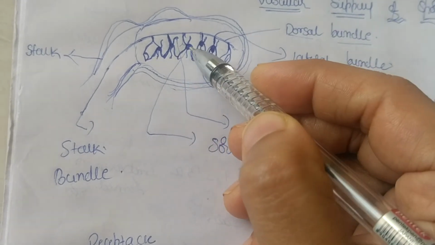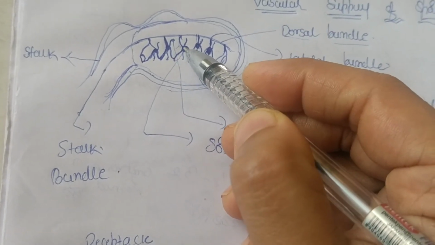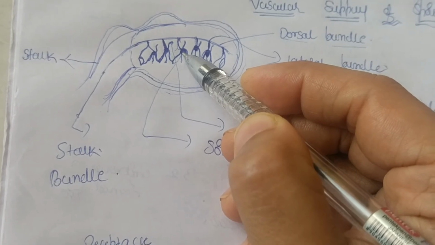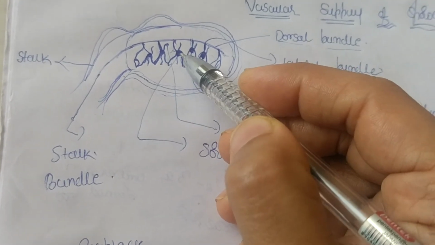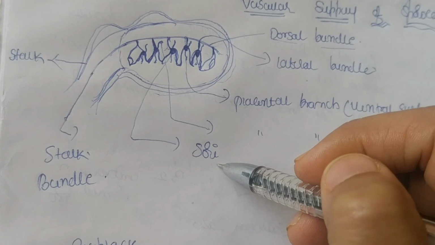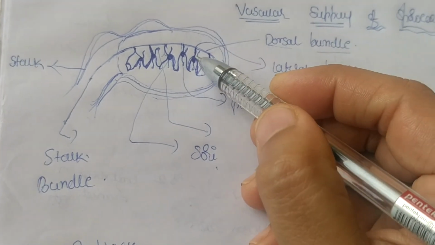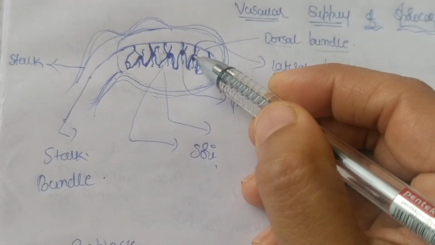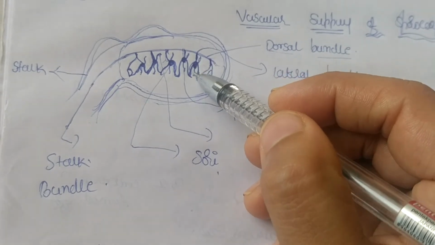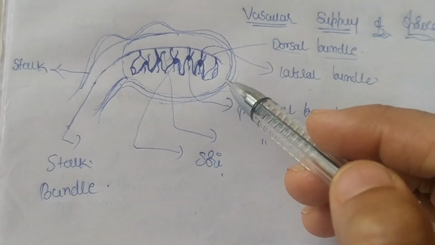This fork-like structure has a central spherical, round structure, you can call it. This is nothing but a sorus. It is going to have spores present in it. At the point of forking, again the lateral bundle is going to divide and form what is called the placental bundle.